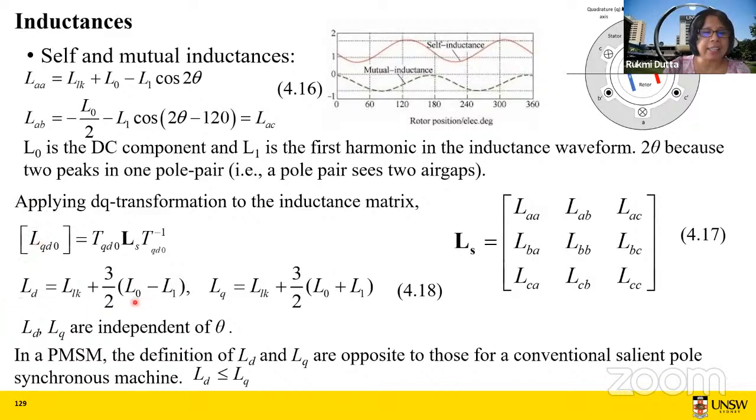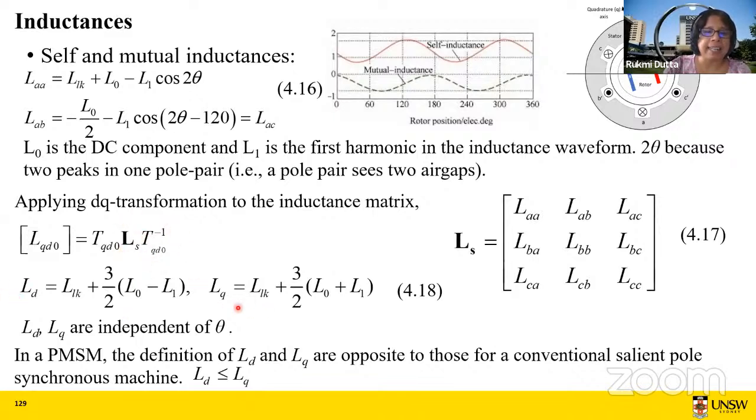And this LD and LQ term actually consists of L0 and L1, 3/2, and also in LQ we have L0 plus L1, 3/2. 3/2 is coming from the transformation, okay? And L0, L1 are coming from our self and mutual inductance, but the theta term is no longer there. Theta term has disappeared when we did this matrix manipulation.